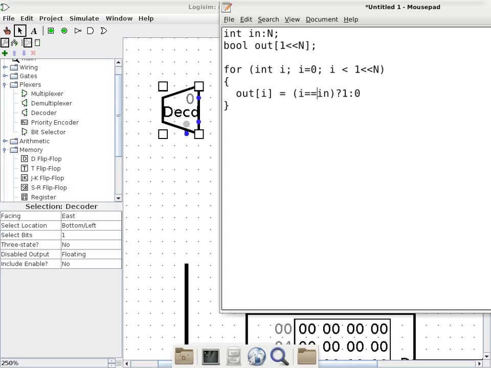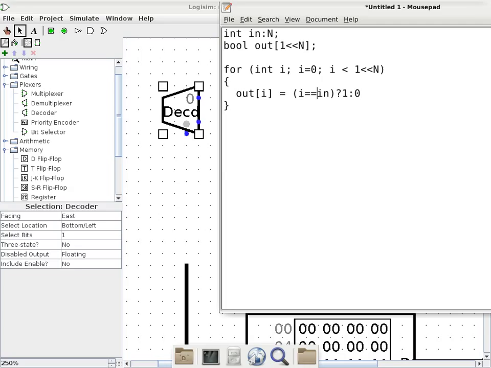If I want to describe what a decoder does, that's what it does. Okay, you have one single input that can be multiple bits. You have to determine what is the width of the input. But once you have determined the input only has n bits, then we have 2 to the power of n output pins. Out of those pins, one and only one is going to have an output of 1.